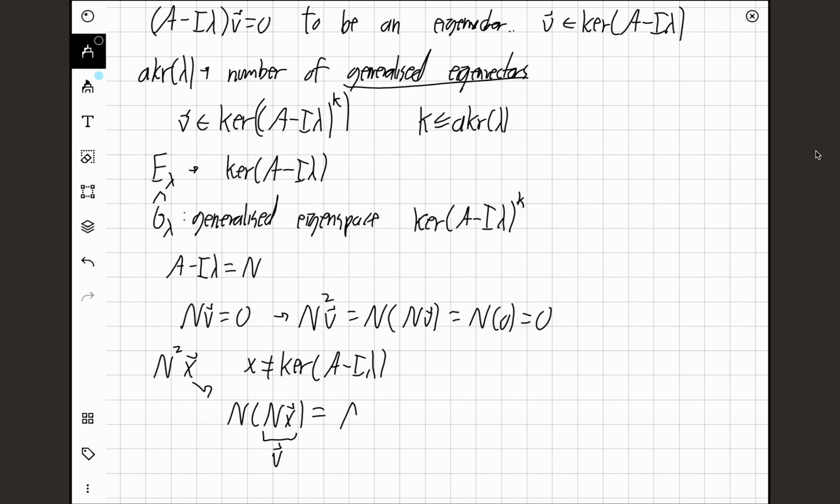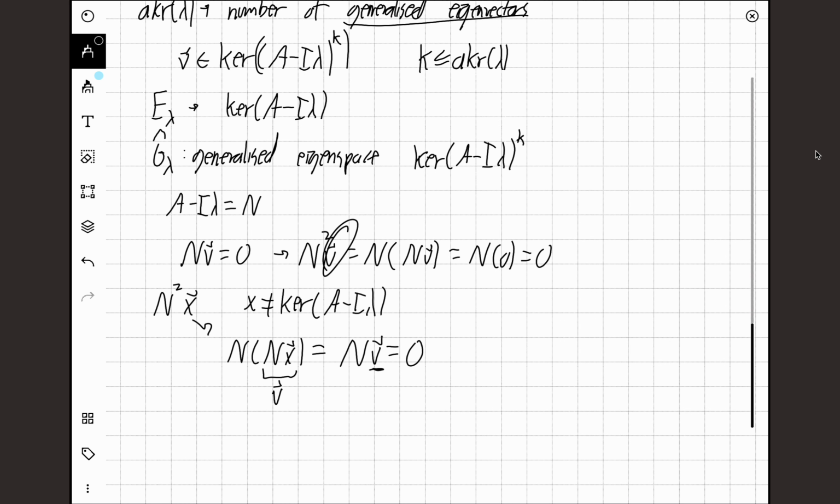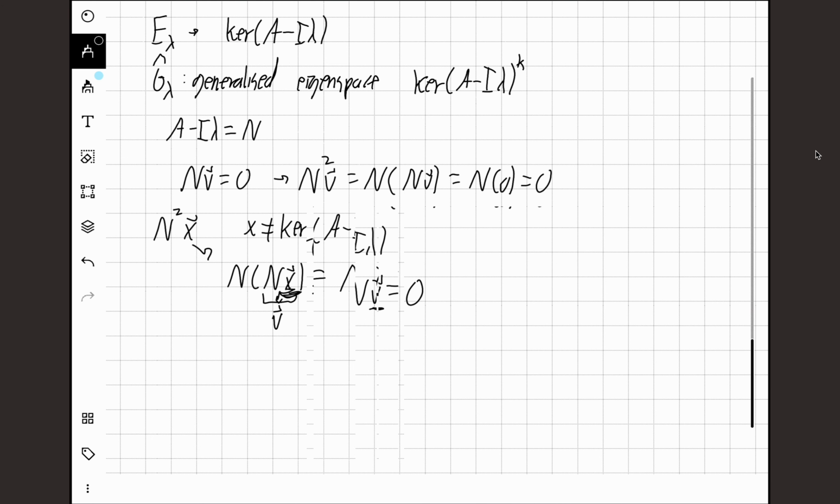Then this would be the same thing as nv, and n sends our eigenvector v to the zero vector. So all of a sudden we saw that the kernel just grew. And n squared still sends all our eigenvectors to zero, but it can also send other vectors, for example x. If n specifically sends this vector to our eigenvector, then it will also be sent to zero. So x is in the kernel of this space.